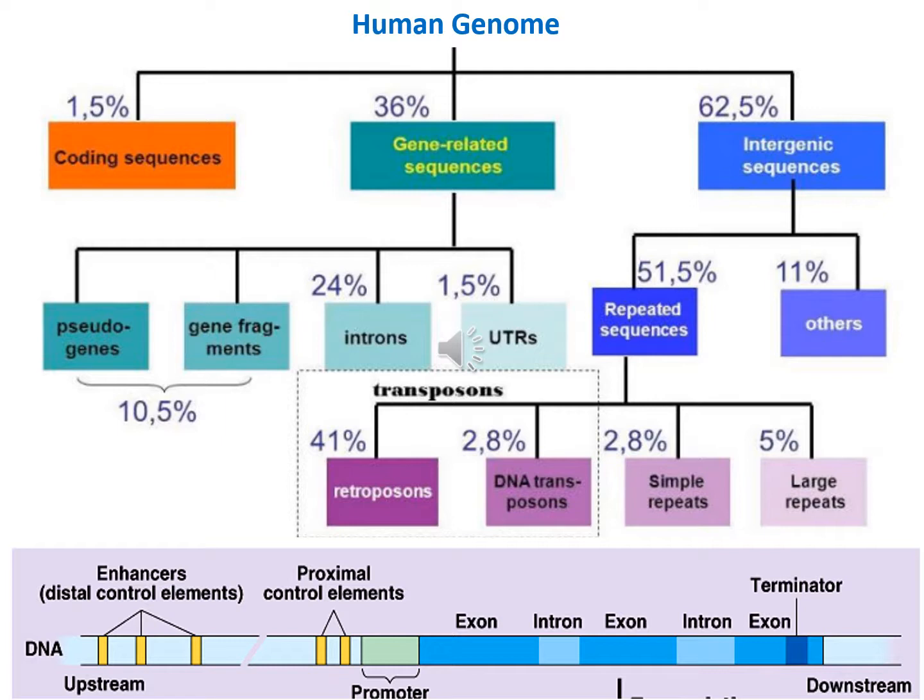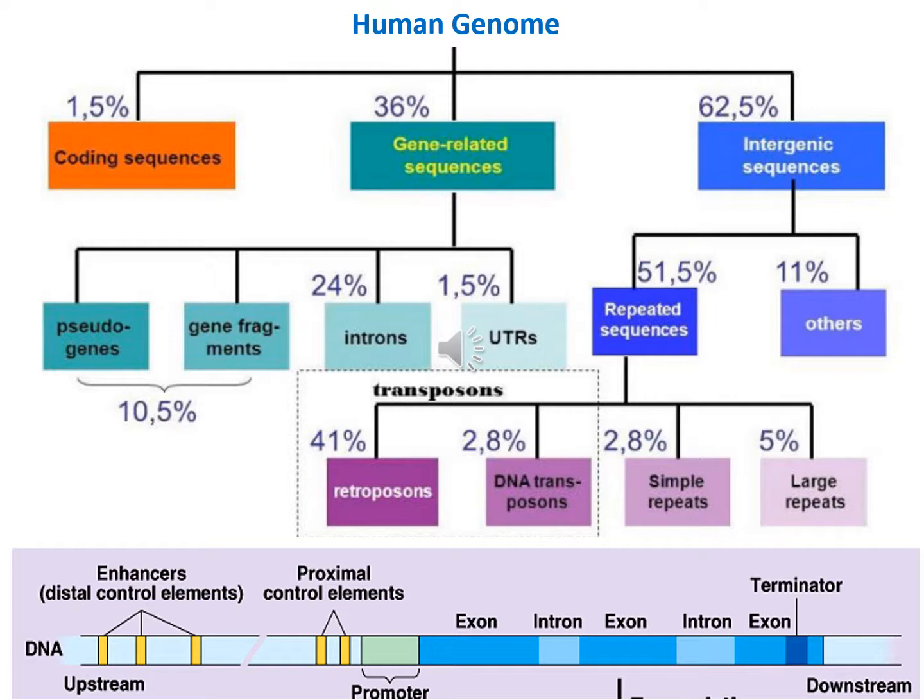Eukaryotic genes have the 3' untranslated region and the 5' untranslated region. In the 5' untranslated region, you find the regulatory elements, right? The promoter and enhancers and so on. In the 3' untranslated region also you find some downstream regulatory elements. Within the genes you find introns, which are also non-coding regions.